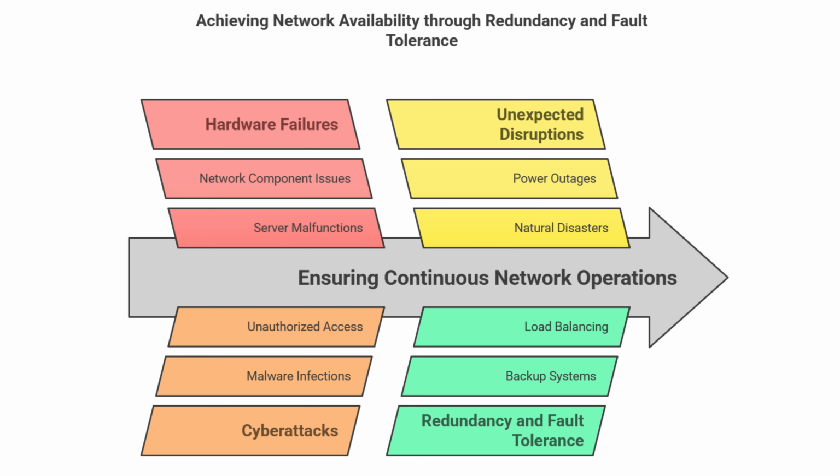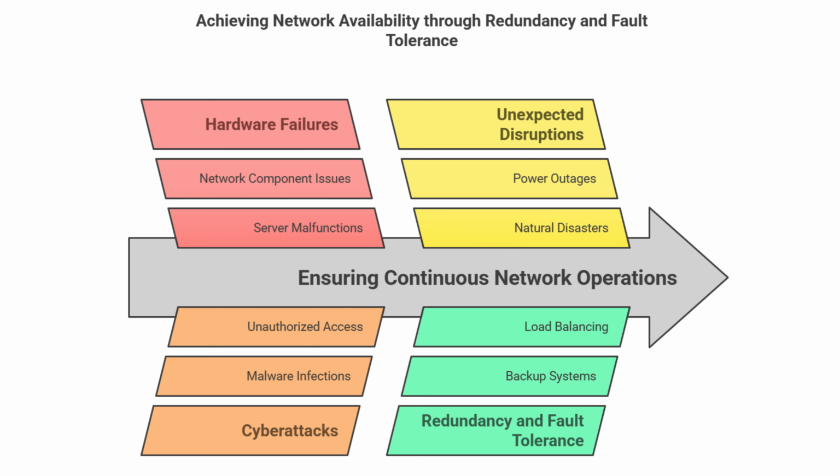In the world of cybersecurity and IT operations, availability means making sure networks, servers, and storage systems remain accessible, even in the face of hardware failures, cyber attacks, or unexpected disruptions. It ties directly into the availability principle of the C.I.A. Triad, which ensures that information and systems are always ready for authorized users.